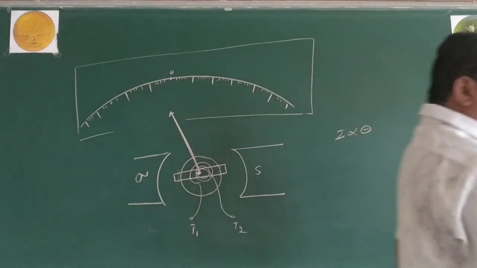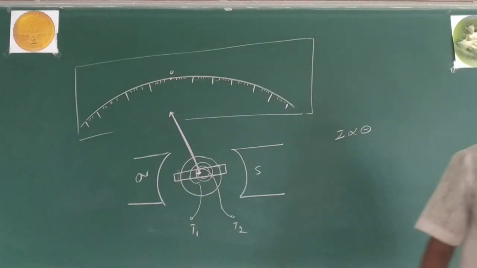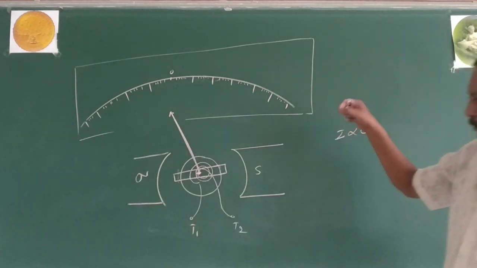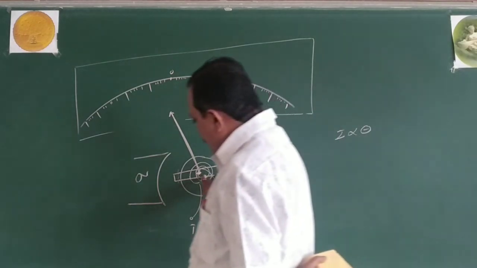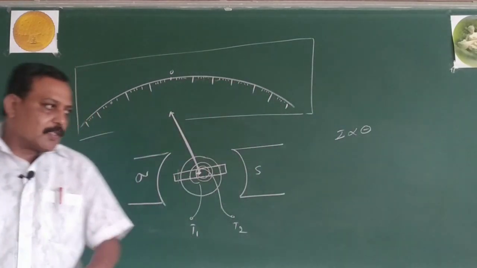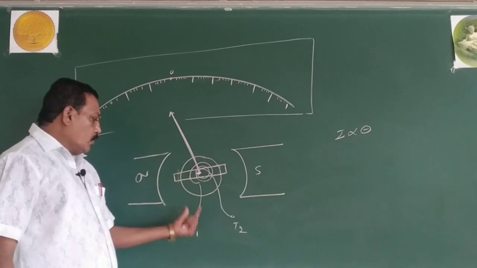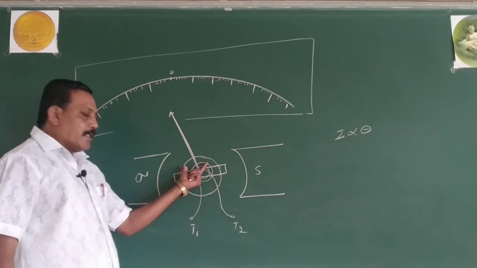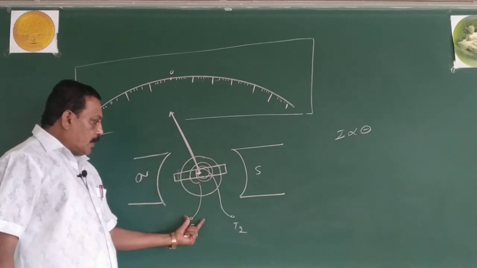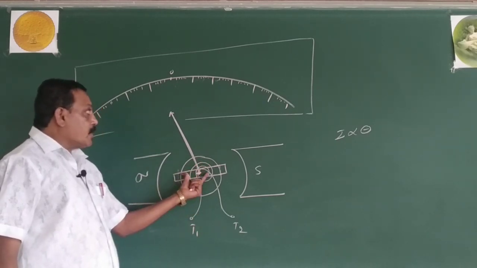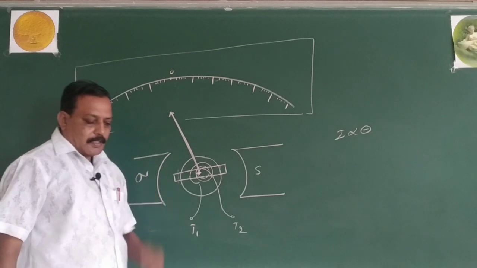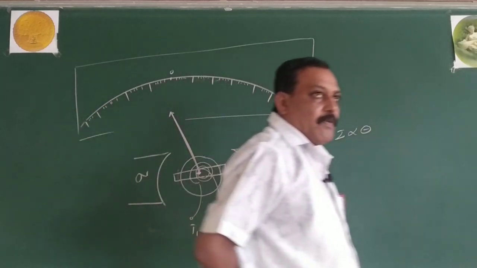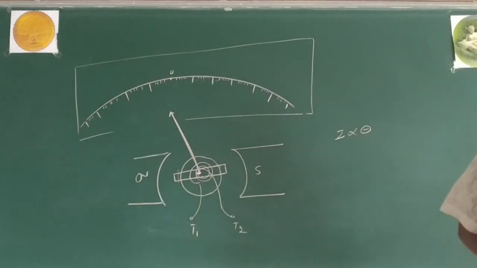Now this is a modified form of the Kelvin galvanometer. Instead of suspending the coil, it is pivoted or fixed with the help of jewel bearings and provided with spiral springs, and the two terminals are provided for the spring, T1 and T2, and it acts as a restoring couple. When the current is passed through the coil, it experiences a torque. As the coil rotates, the pointer also rotates, and it shows a deflection on the graduated scale.